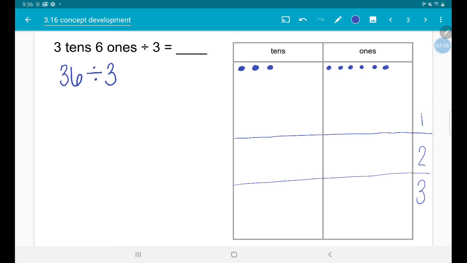When I'm dividing, what do I start with? Tens. I'm going to start with my biggest place value. So I'm going to take my tens and distribute them out. Put 1 in each group until I can't make any more even groups.